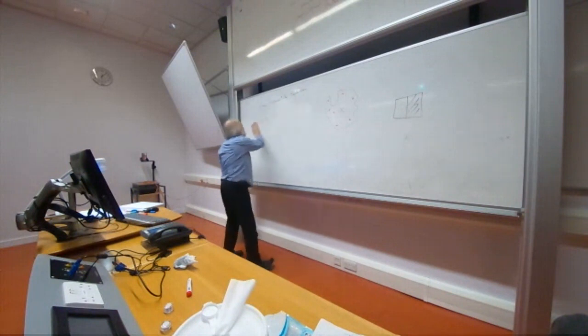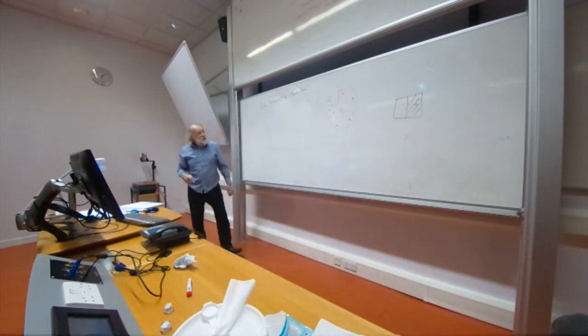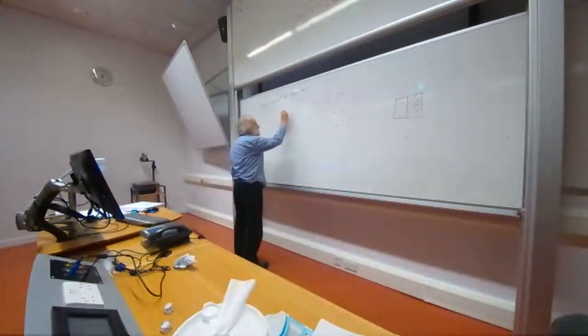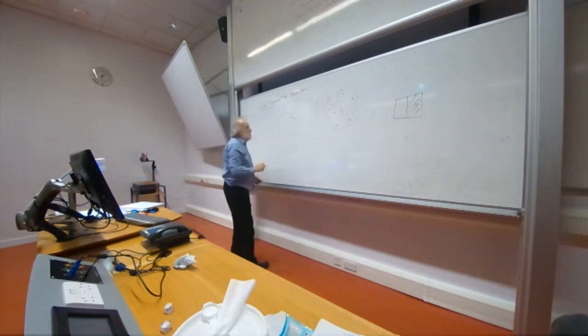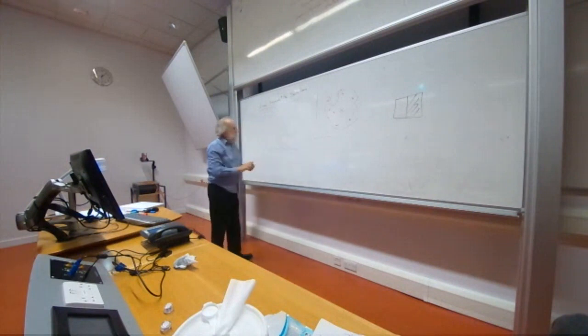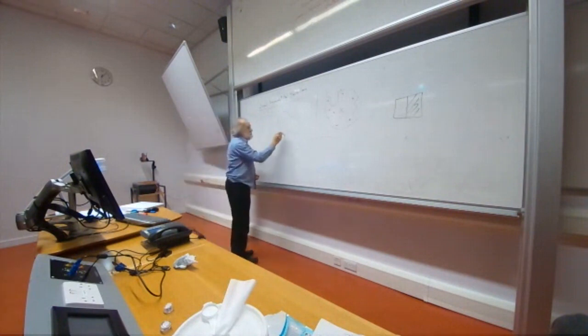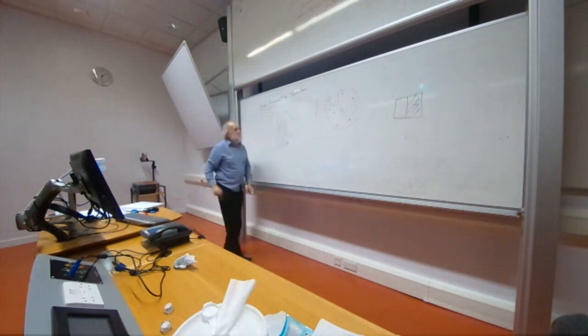Right, let's take a pair of sets, linearly inseparable, but not too complicated. There's one set A, and there is set B. Okay, linearly inseparable.